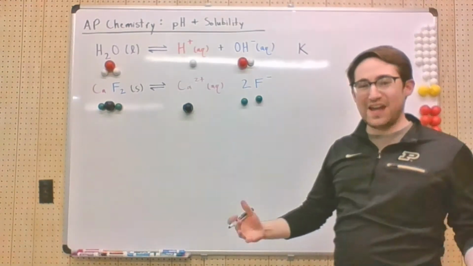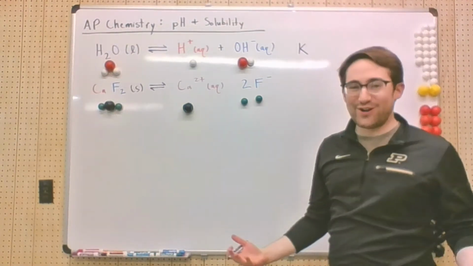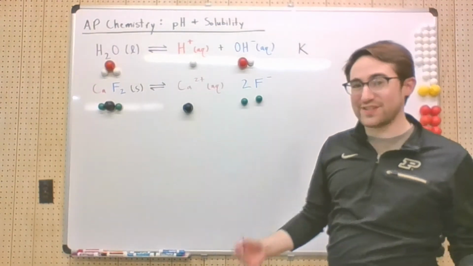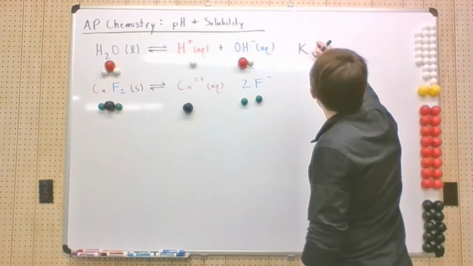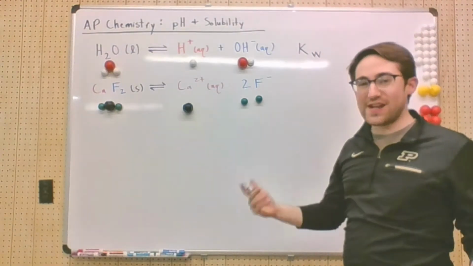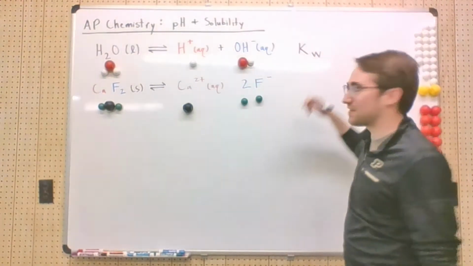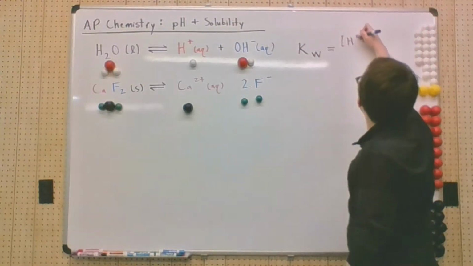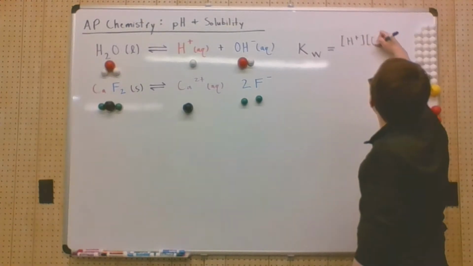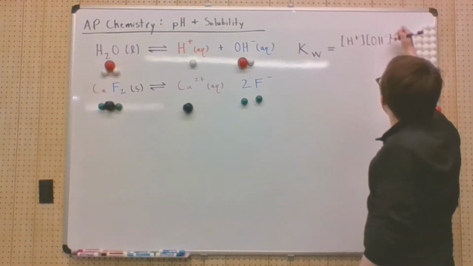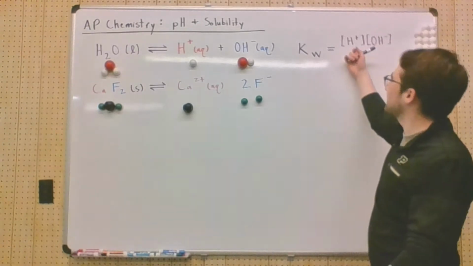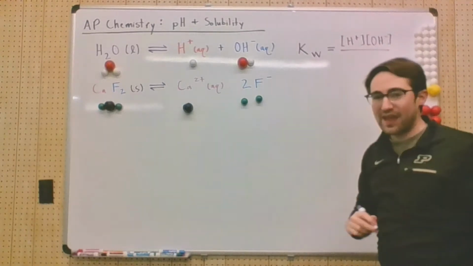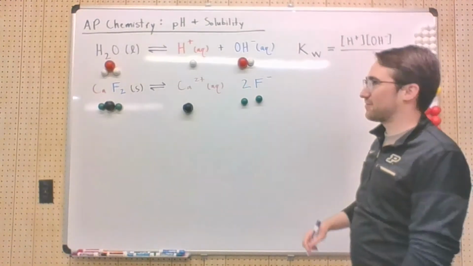So we use a K to show that it's an equilibrium. We're talking about water, so we're just going to use a little W: Kw for the equilibrium of water's self-ionization. Kw is going to be equal to our products, in this case H plus concentration times OH minus concentration, divided by our liquid water.